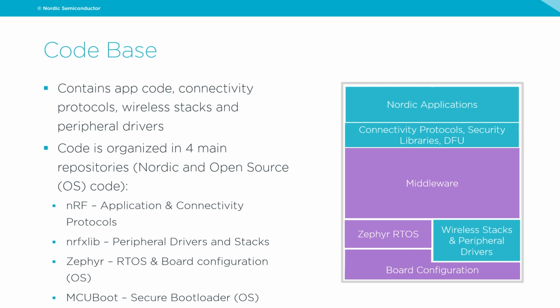On Zephyr, that's where we include the RTOS, the real-time operating system, board configuration, Kconfig, and device tree. I'll talk a bit about that in one of the later slides. And MCUboot, that's the secure bootloader for firmware upgrades.